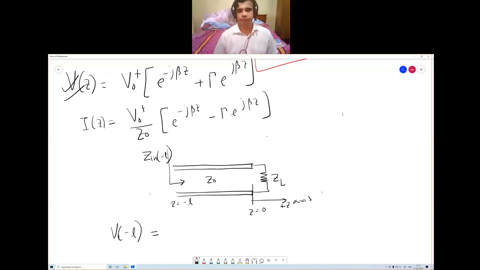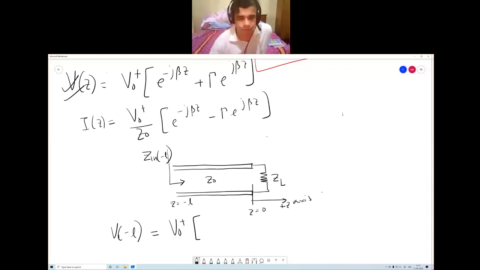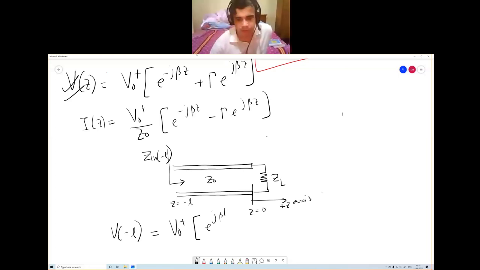V of z is V0 plus times e to the power of minus j beta z plus gamma e to the power of j beta z. Simply replace z by minus L, so V of minus L is V0 plus times e to the power of j beta L plus gamma e to the power of minus j beta L.